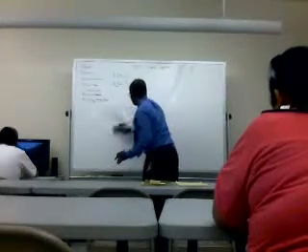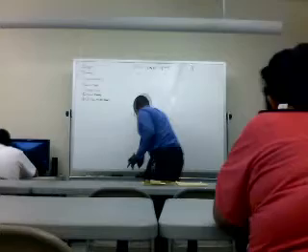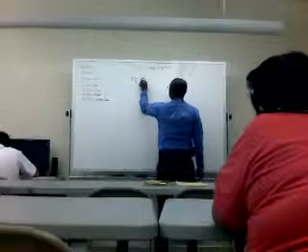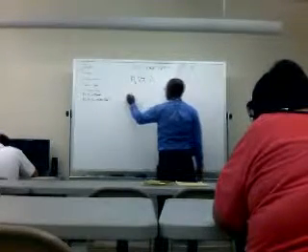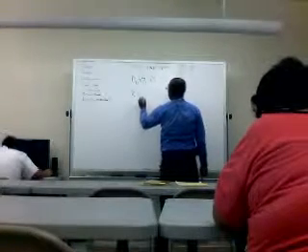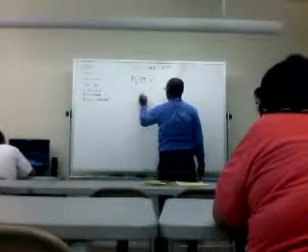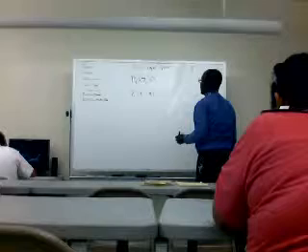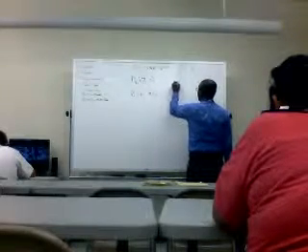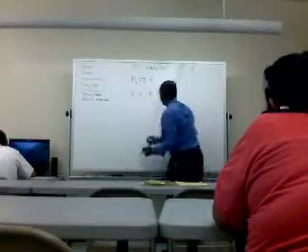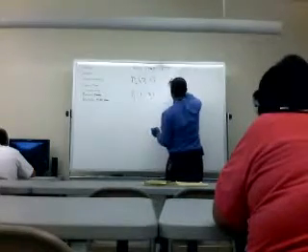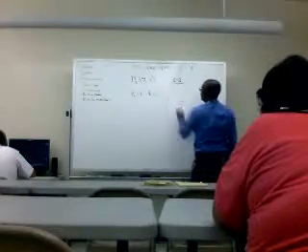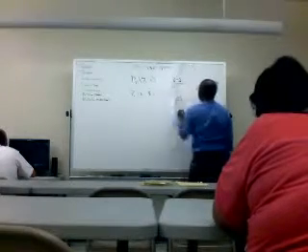Let's say I have 7 and 3, and 4 and 8. So we have 8 minus 3, and then we have 4 minus 7.